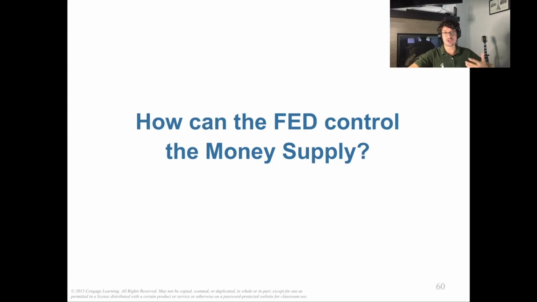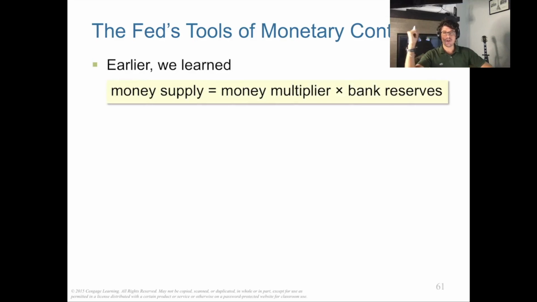So let us conclude this chapter by discussing how the Fed can control in practice the money supply. Earlier we learned that the money supply depends on the bank reserves and, via the lending channel, on the money multiplier. If you remember, the money multiplier was 1 over R, the reserve ratio, where the reserve ratio was equal to the reserves over the deposits.